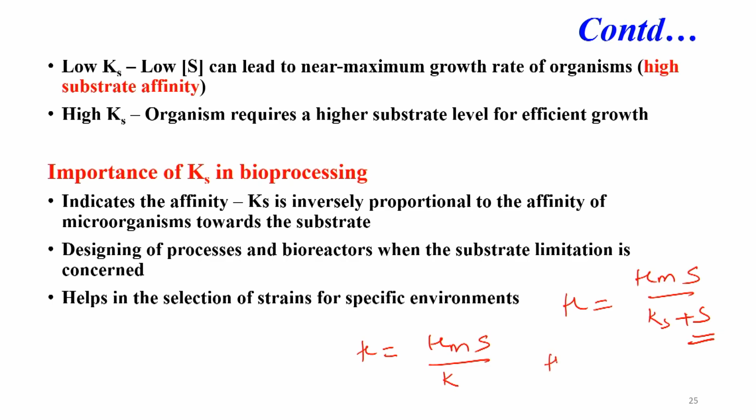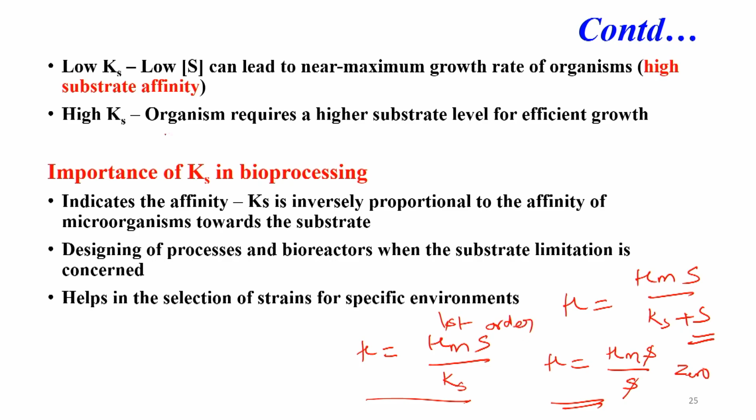And in the other case, mu equals mu max S upon S. When the value of S is very high, the terms cancel out, so this becomes mu equals mu max, and in the other case it becomes mu equals mu max S upon Ks. So, this is zero order and this is first order.